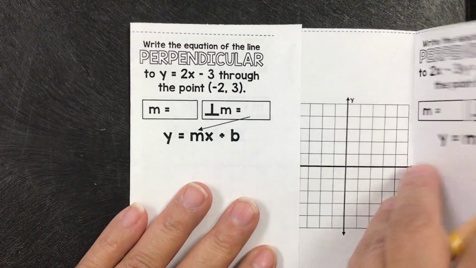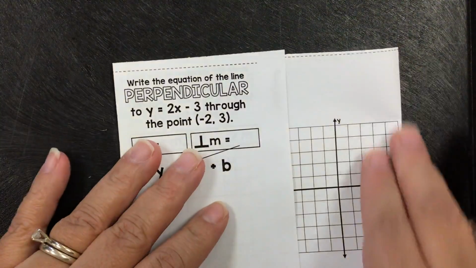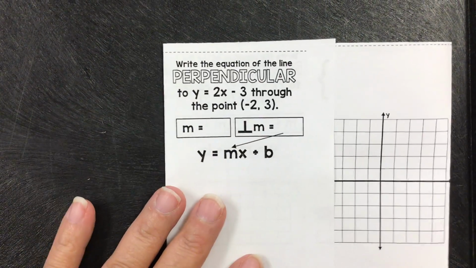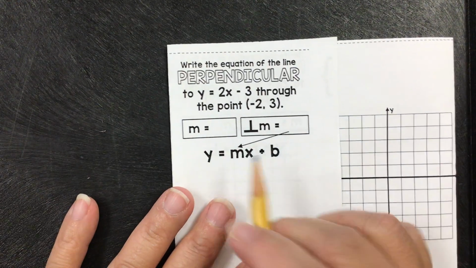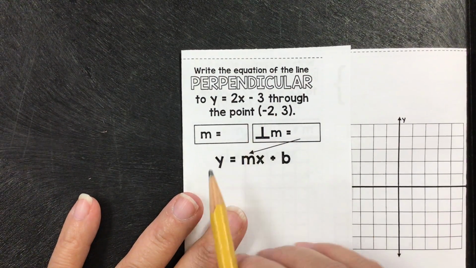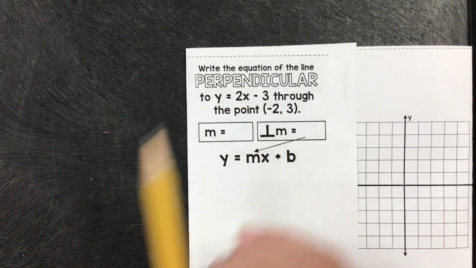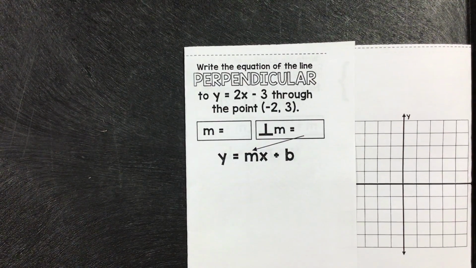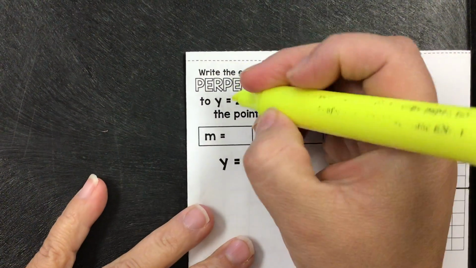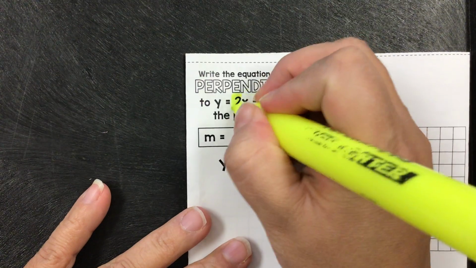We're going to start with this one right here, and I'm folding it over this way just so my paper doesn't block this area. All right, so remember from parallel, what we were doing is identifying the slope, so we have to still identify the slope.